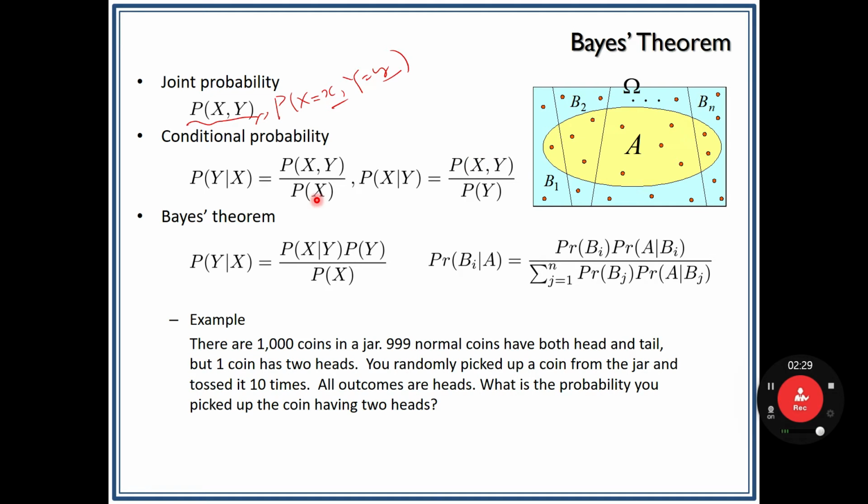So we simply replace this joint probability with the multiplication of these two terms, and this marginal probability comes here. So we can express this conditional probability in this expression.